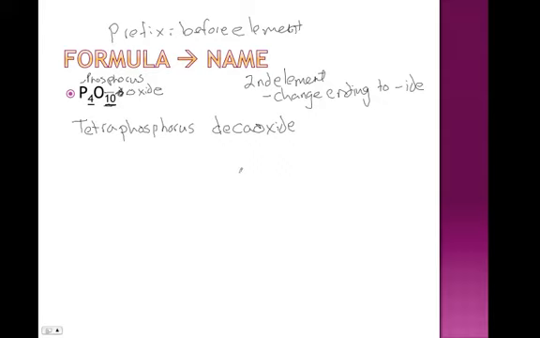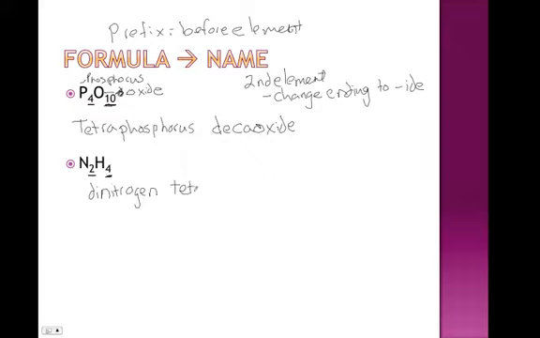For a second example, let's try this one. Well, I'm going to start with our first prefix. So the subscript for the first element is 2. And 2, we learned, was di. The element here is nitrogen, so we have 2 nitrogen, so it's dinitrogen. And our second subscript is 4. So that means the prefix for the second element is going to be tetra.